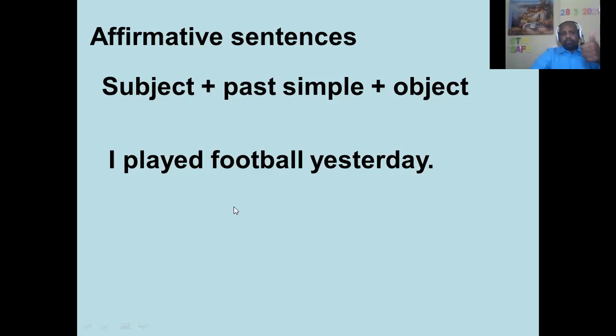Where is the subject? I is the subject. Where is the verb? Played is the verb, or V2, the past form. Where is the object in this sentence? Football is the object. Yesterday is the past simple keyword. I played football.